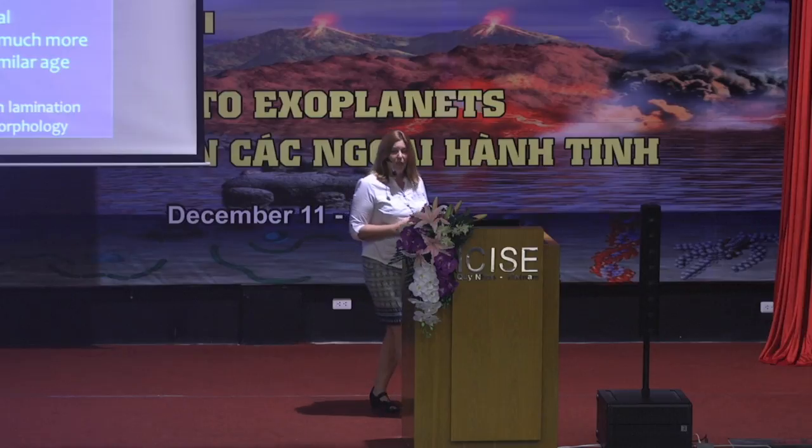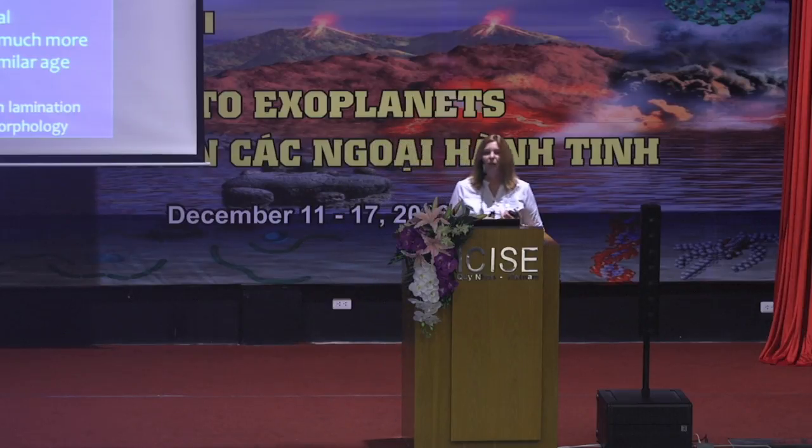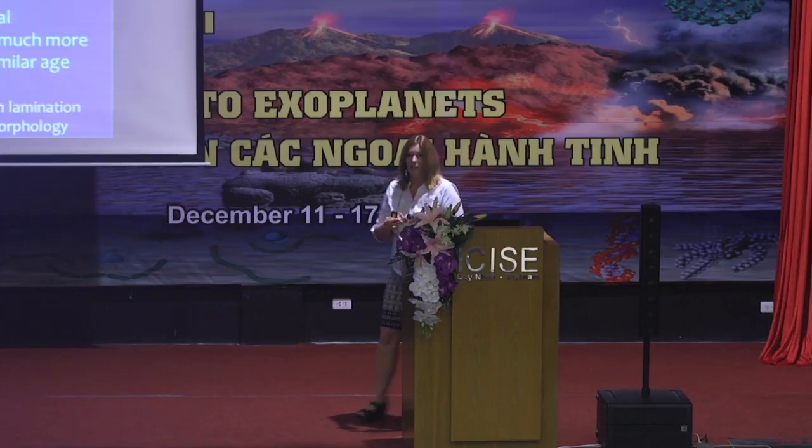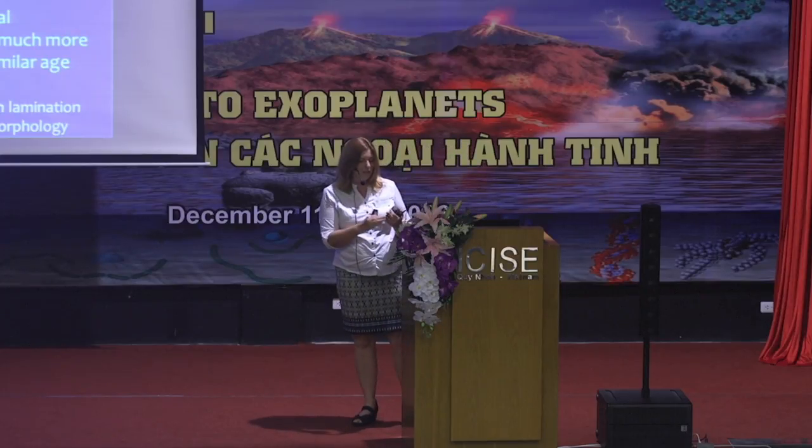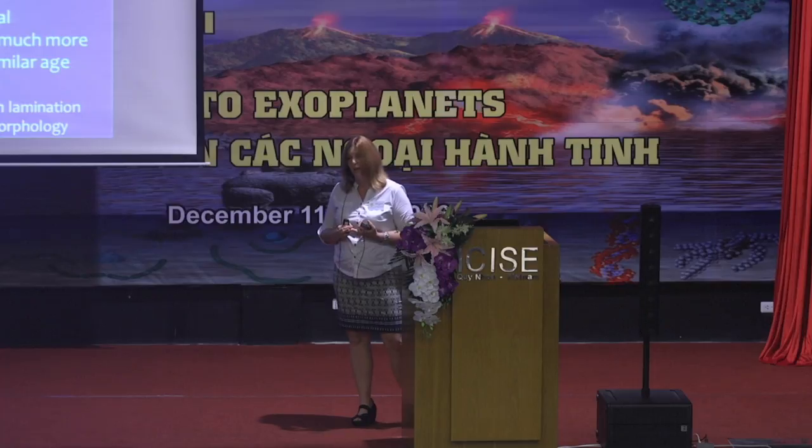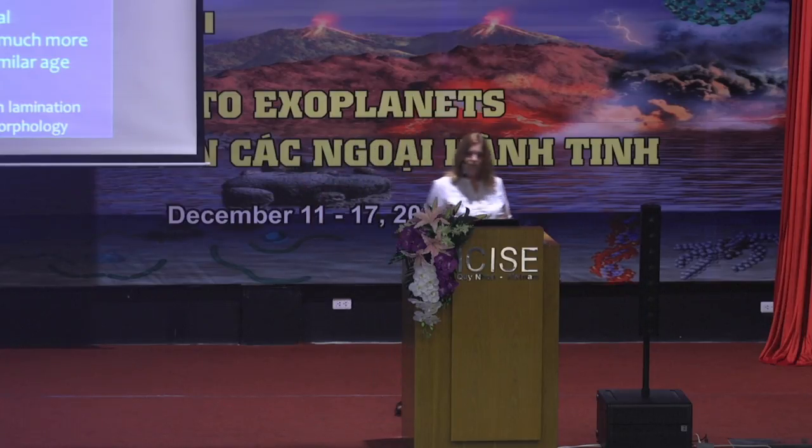You don't have the depth of burial, you don't have the heat and metamorphic processes we've seen, and you don't have water-rock interaction for billions of years like you do on Earth.